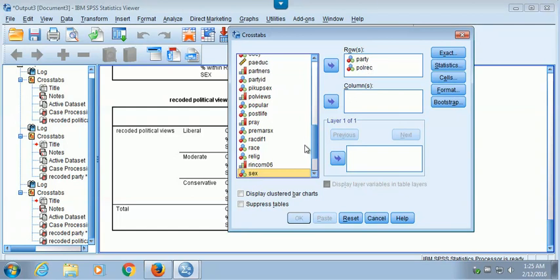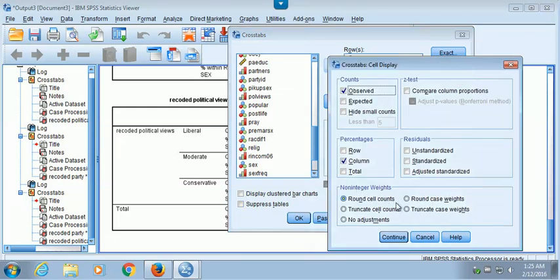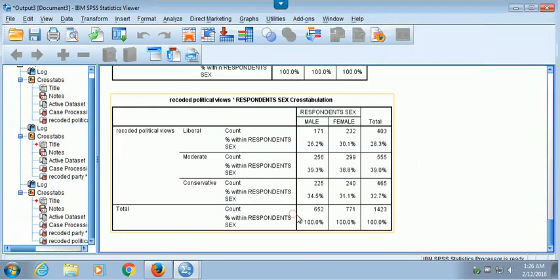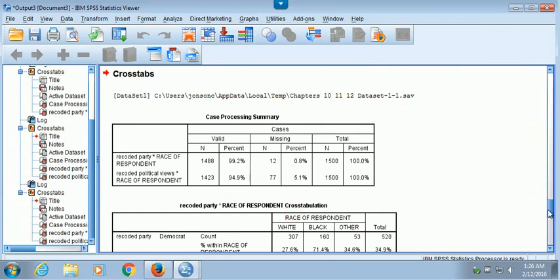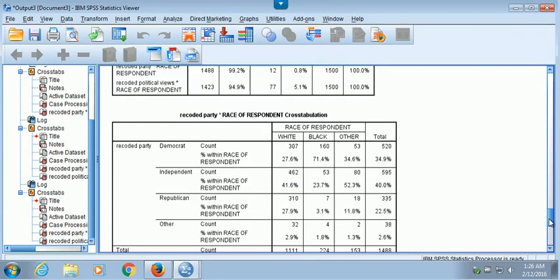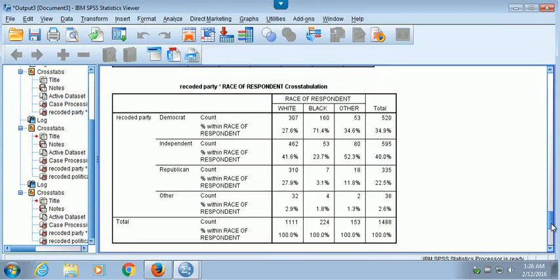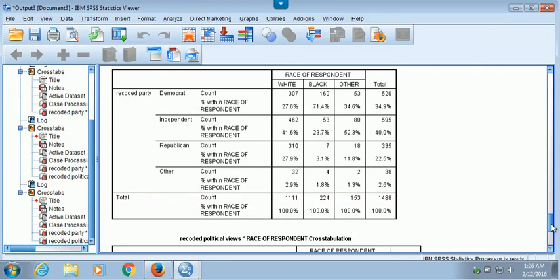And now I'm just going to enter race. Again, if you go to cells, columns will stay the same. This first one is actually 11.9 if you're following in the book on page 183. So you're looking at white, black, and other to see if there's a difference.